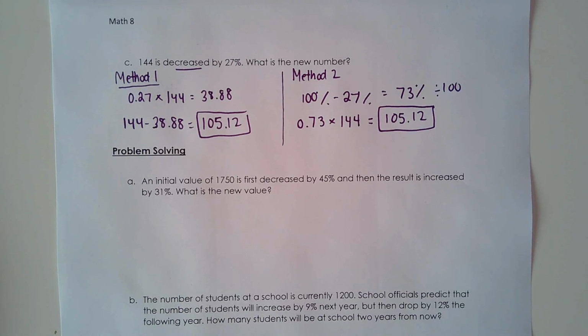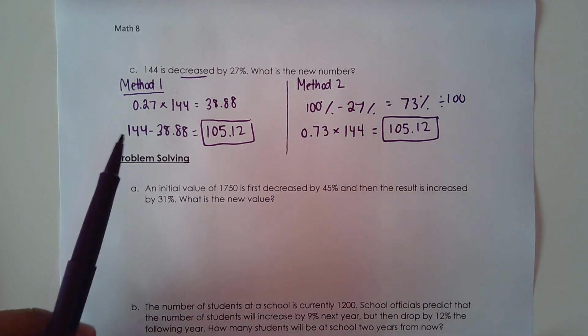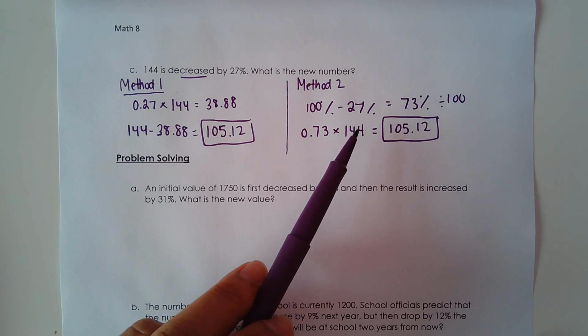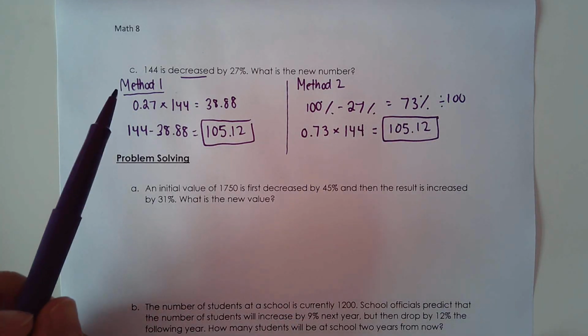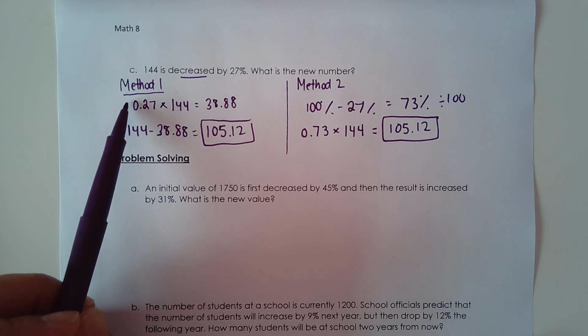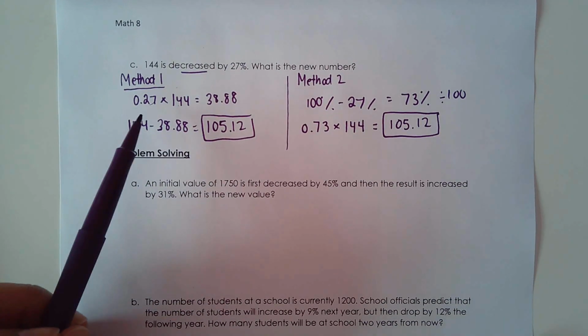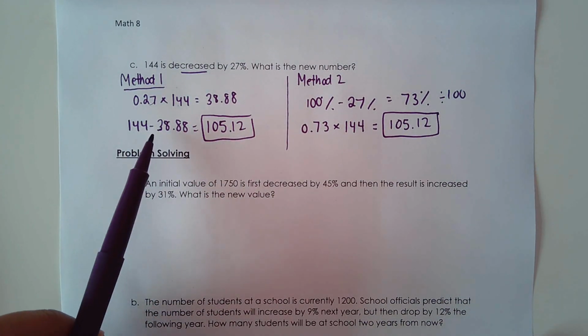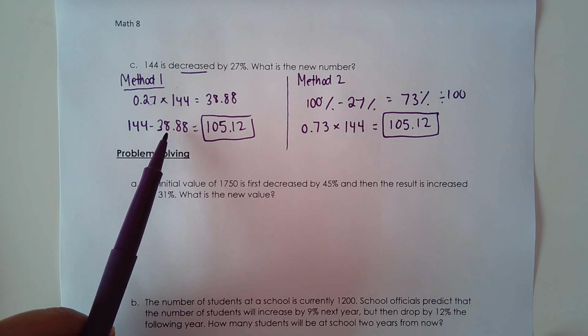Okay, so here I've showed both method 1 and method 2. We need to find the percent of 144, so we turn that into a decimal, and because it's being decreased, we would subtract that number.